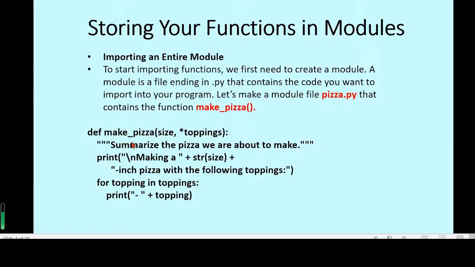This function is the same as the function we made in the previous lectures, with size and the tuple toppings as input parameters. Then it prints a message with the size of the pizza and prints out each topping.